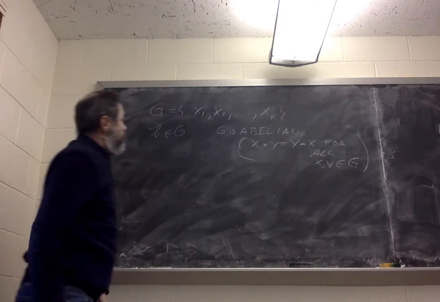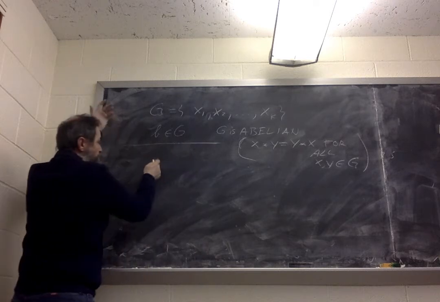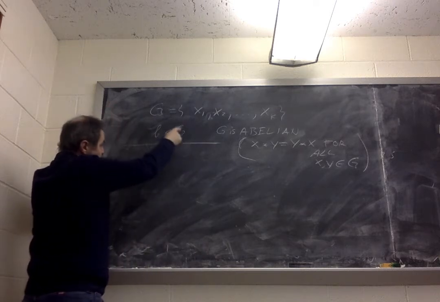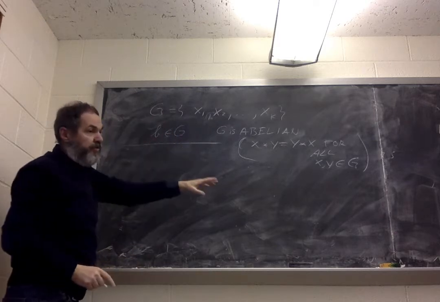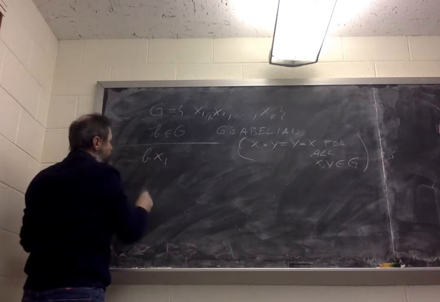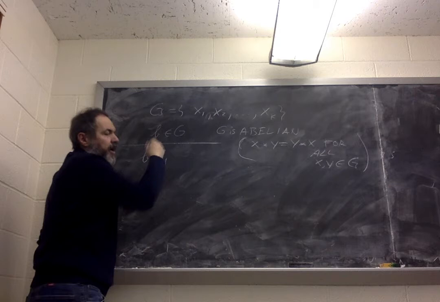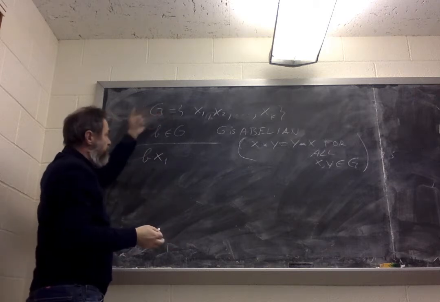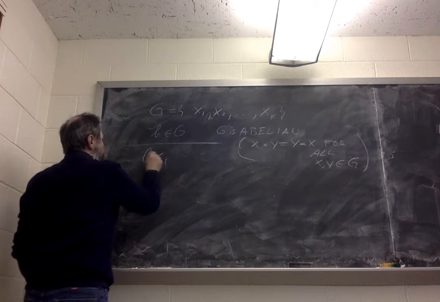Okay, then what we can do is the following. I take these elements x1, x2, xk, and I multiply each one of them by b. So b times x1, with star, whatever the group operation is. I should put it like this, star.